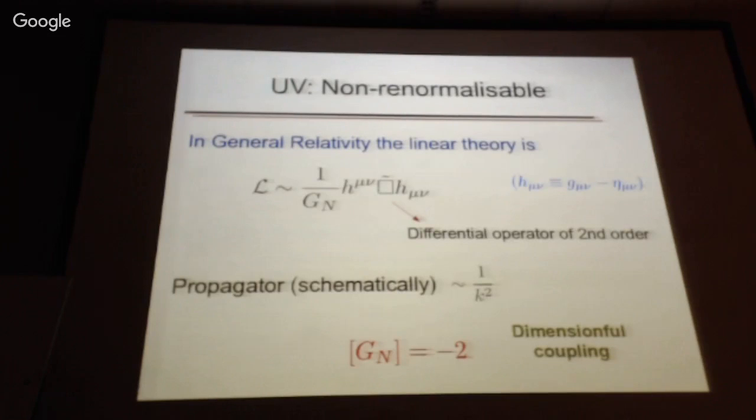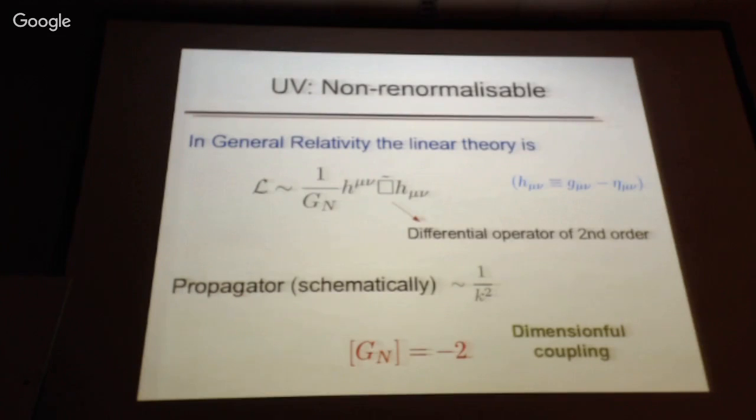So now let's go to general relativity. If I take the linearized Lagrangian of general relativity, it's precisely that first Fierz-Pauli Lagrangian that I showed you, or the one I used to derive the gravity wave equations. It has the following form. I just have h, remember this is a perturbation around flat space, and then some differential operator of second order times h.